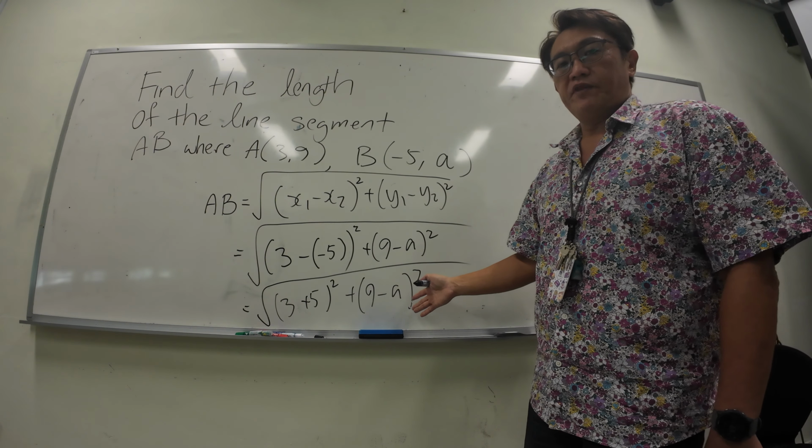Okay, so you all learned in Sec 2 that there is an identity, so you don't need to go through this step. The identity, you learned it as A plus B being squared becomes A squared plus 2AB plus B squared.